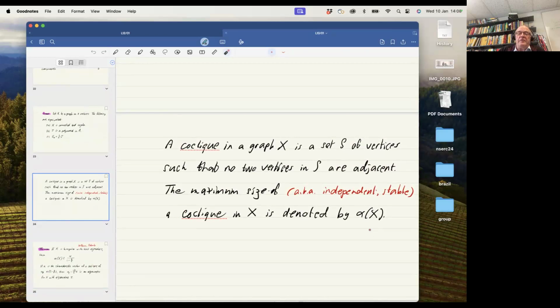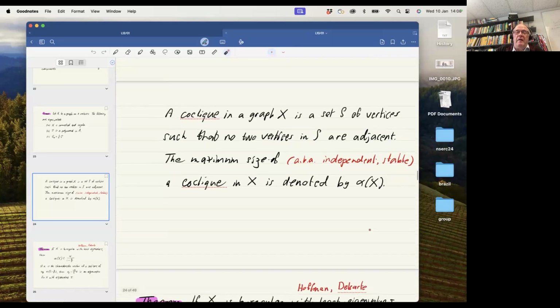Now, the bad news is that it's an NP-hard problem. It's equivalently difficult to the problem of finding the chromatic number of a graph. So it's not easy to determine the largest co-clique, but it is an important problem in practice. Okay, so that's by way of background.